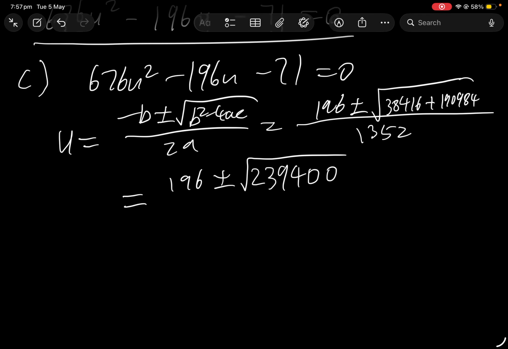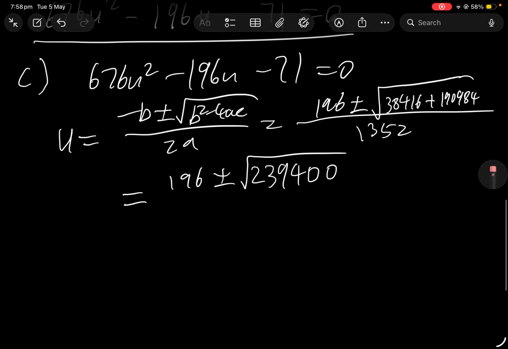We can't do that by hand, so we are off by a bit.